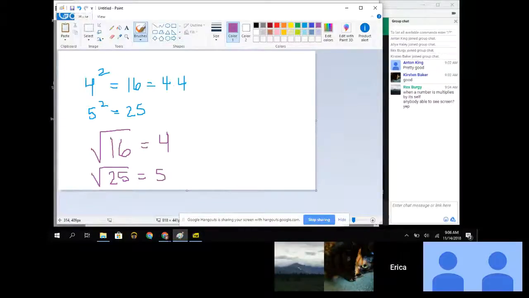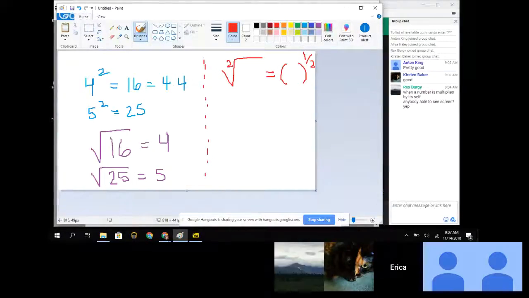Here's the 2-minute explanation off to the side of why. There's an implied little 2 right in here. And when you take the square root of something, another way of writing square root is something to the 1/2 power. Square root and the 1/2 power are actually the same exact thing.